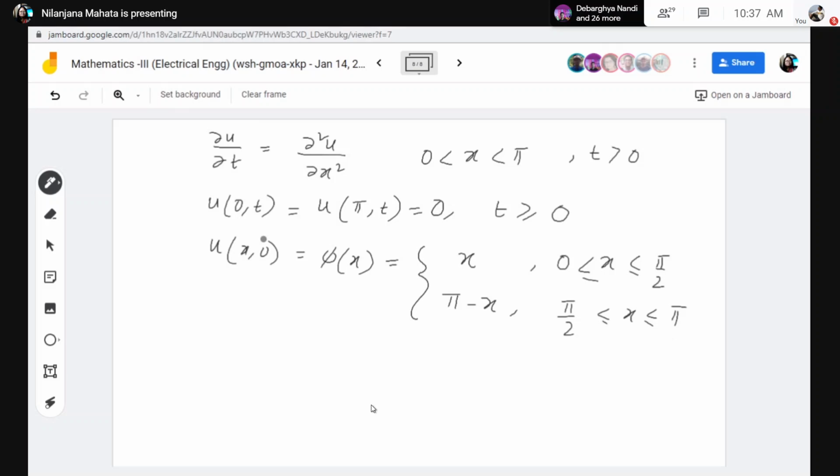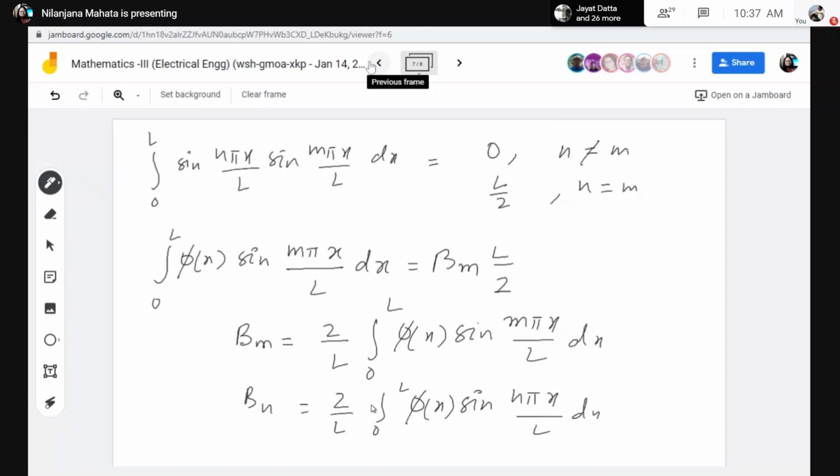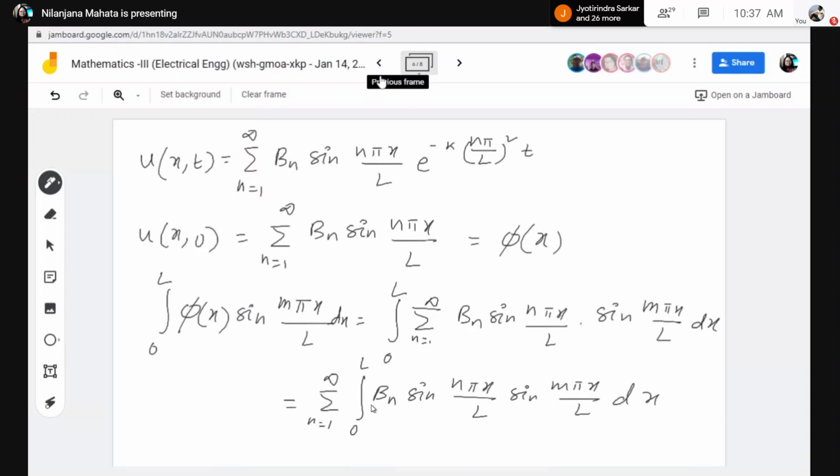That is, finding the bn is the same; that will be the coefficient of a series. Now for the given problem, your k is 1 and your L is pi. So I will have the solution in this form. L will be pi, so it will cancel, and this will be only n square.